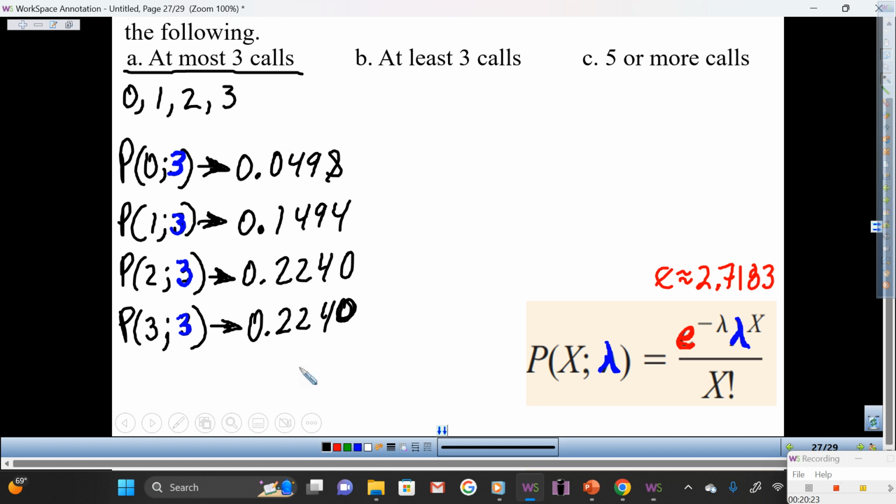And what do we do with all these? Tell your neighbor. Yeah, find the sum. So, 0 point what? Are you guys going to make me add vertically?